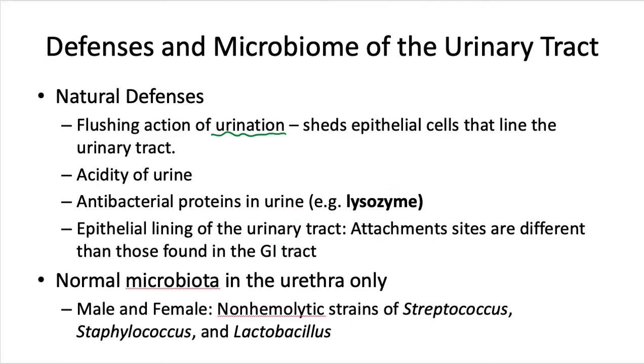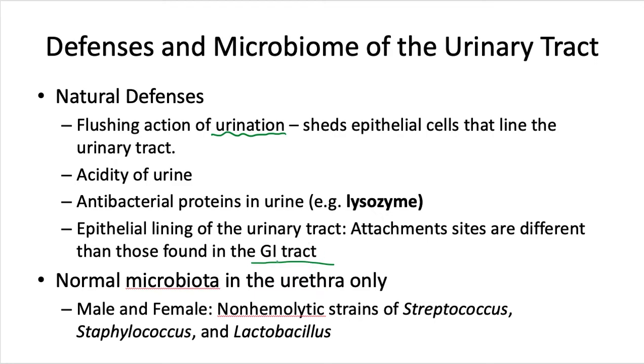And then another way that the urinary tract defends against pathogens: most of the pathogens come from the gastrointestinal tract. And the cells that line the urinary tract have different attachment sites.